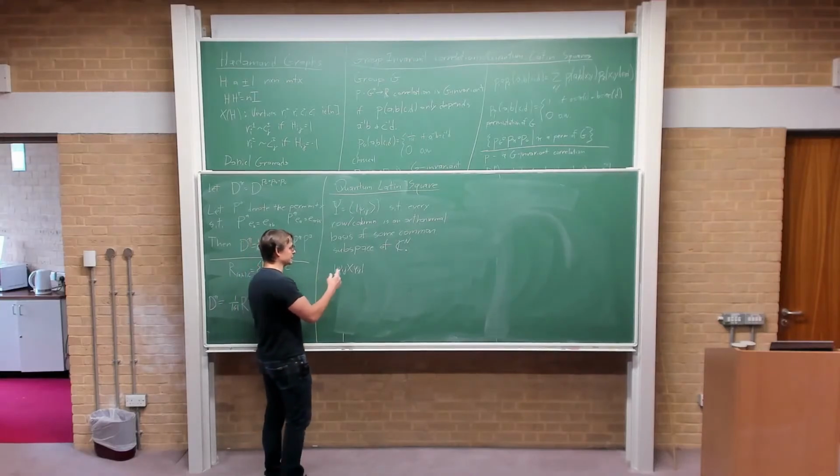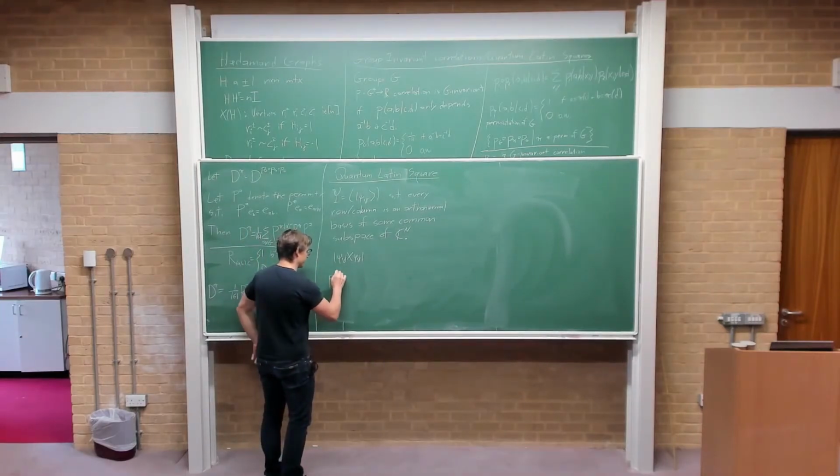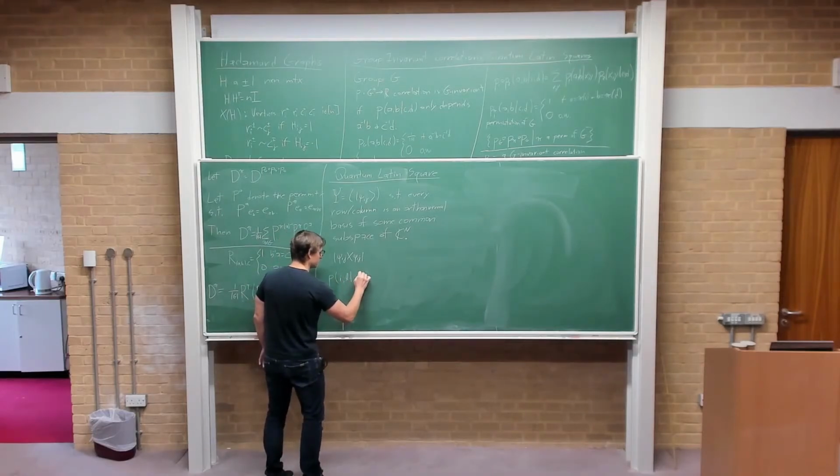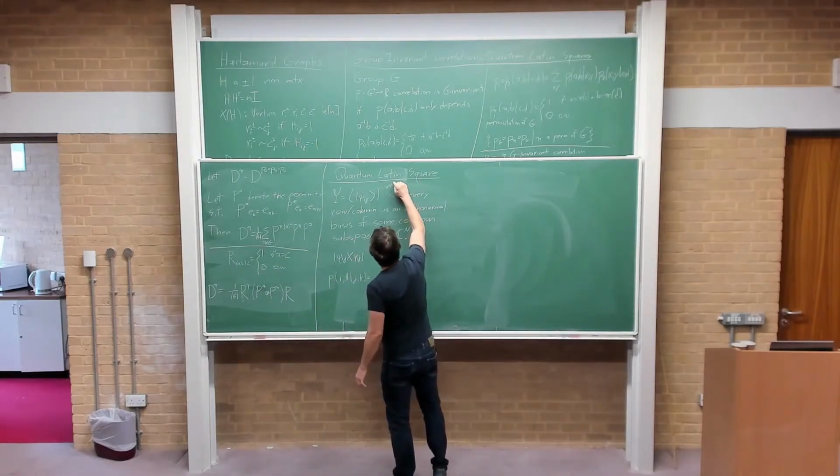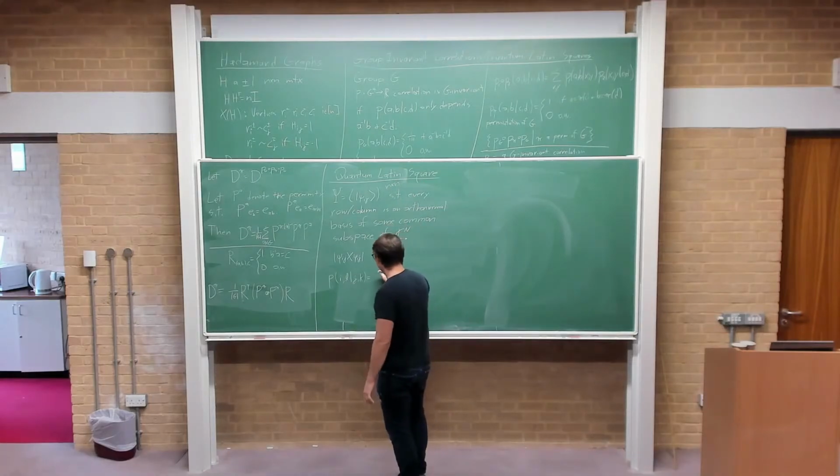So maybe I'll just write it explicitly for the quantum Latin square. If I look at some p(i, l | j, k), this is going to be equal to 1 over n times the inner product of psi_ij with psi_lk, squared.